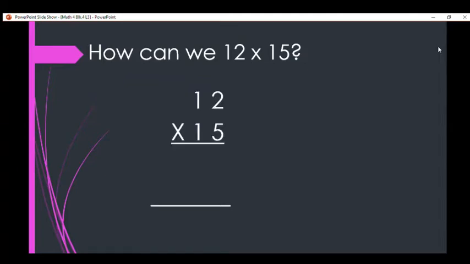We need to line up the numbers so that we have a correct process in answering. We start with our ones, which is 5. 5 times 2, that is 10.